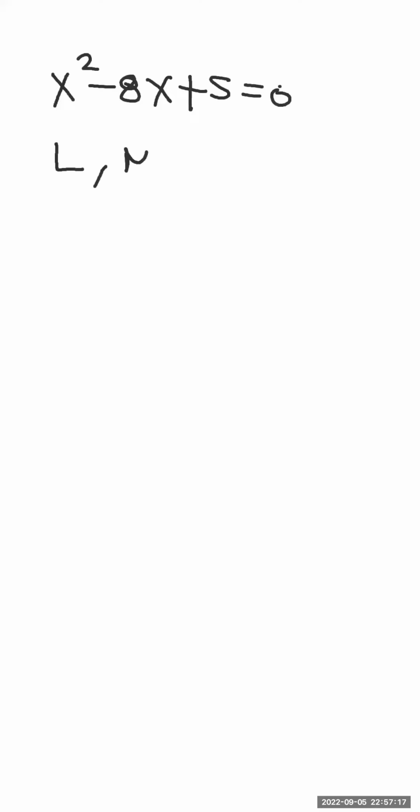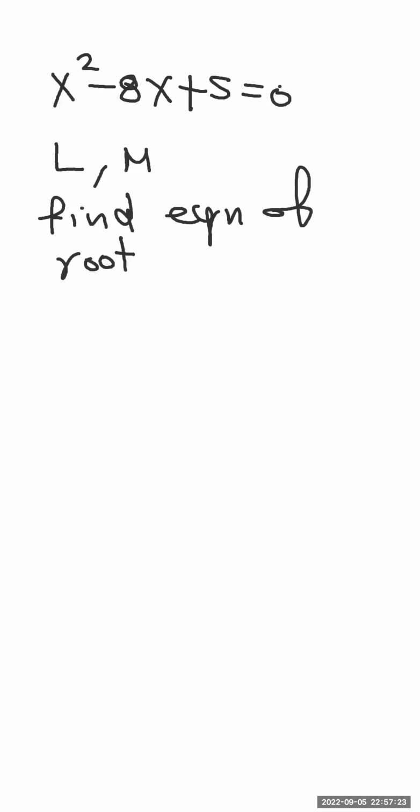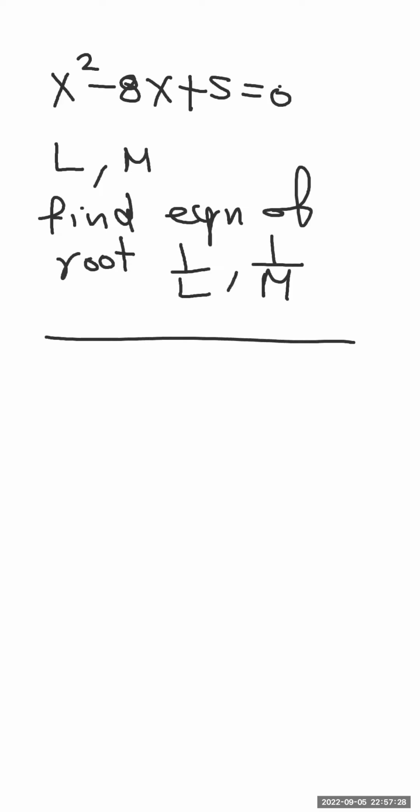The next question, there is the equation x squared minus 8x plus 5 equals 0, and the roots are L and M. Find the equation of roots 1 over L and 1 over M. Okay.